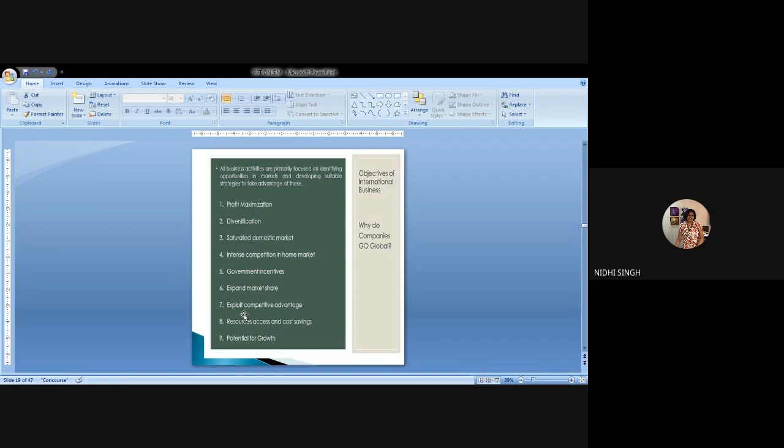What does this mean? What is competitive advantage? Anyone? Advantage is relative to other products? Competitive advantage. The term competitive means competitors.